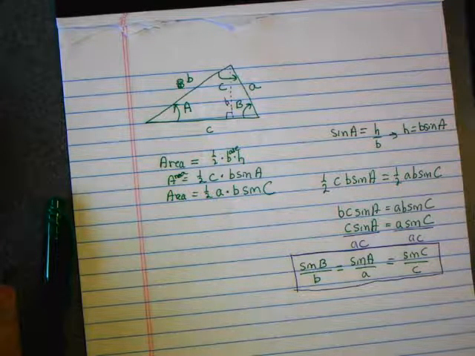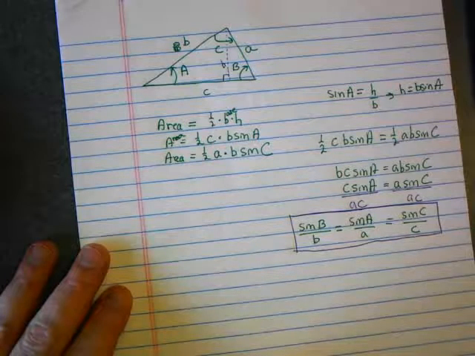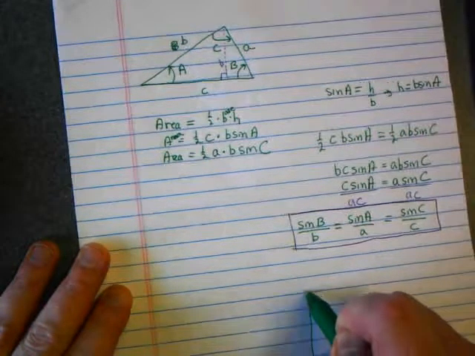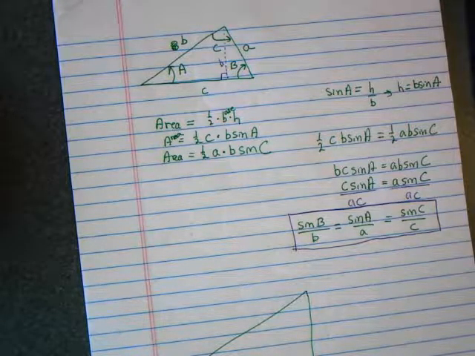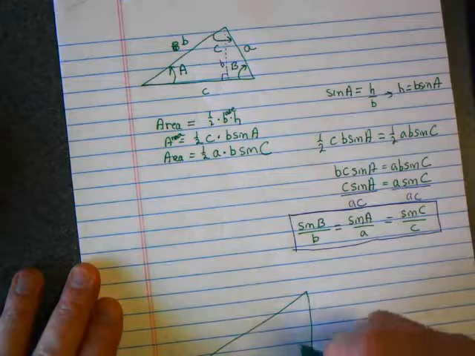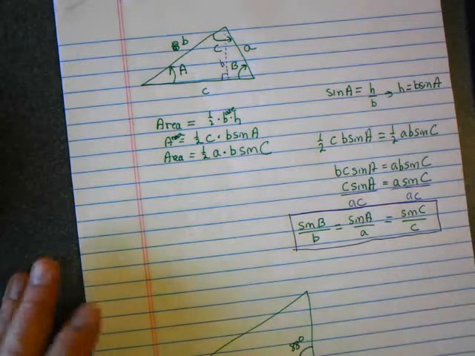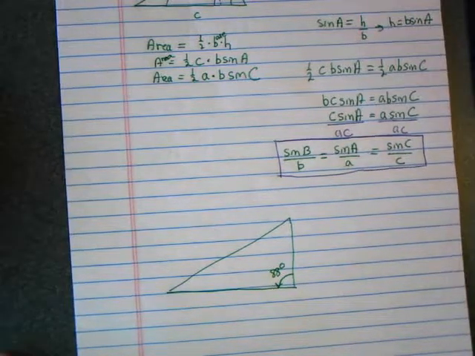Alright, so I'm going to make up a triangle here. Here's a triangle. Looks like a right triangle, but it's not, because this angle right here is actually 88 degrees. Looked like a right triangle, but it wasn't.